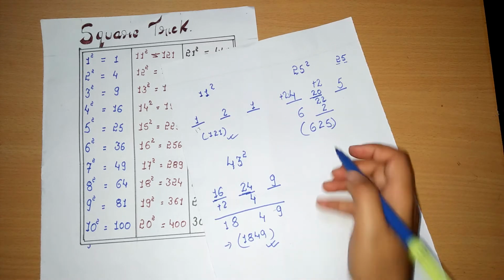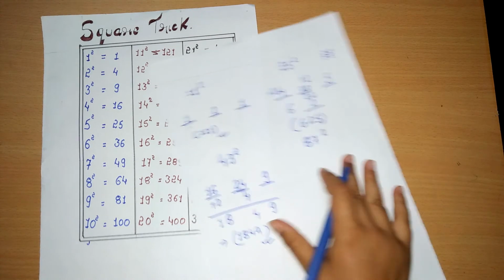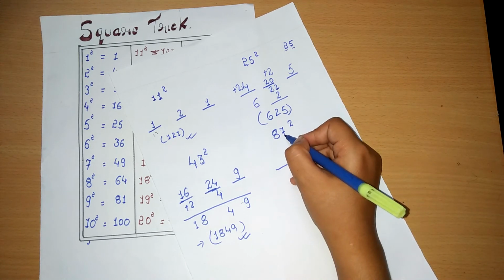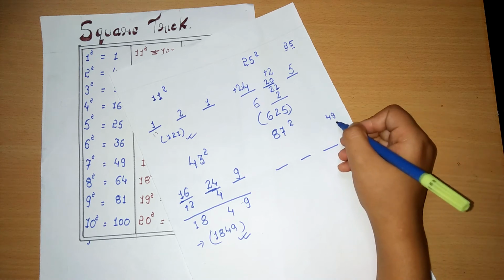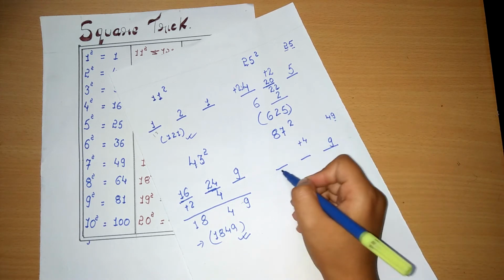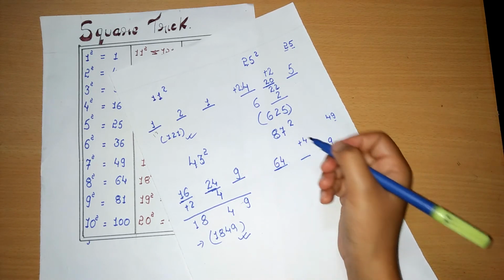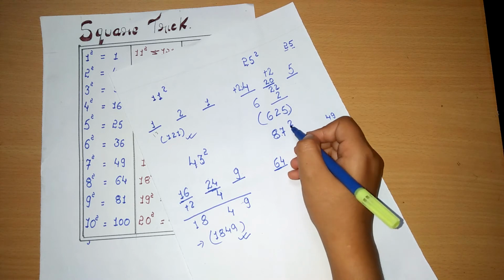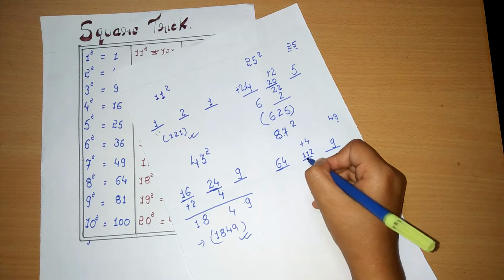And again I am going to show you the square of 87. Let us draw the three lines here, and the square of 7 is 49. Again a two digits number comes, so we write only the 9, and 4 is added to the middle part. Here the square of 8 is 64. Then I calculate 8 into 7 into 2, the total becomes 112.